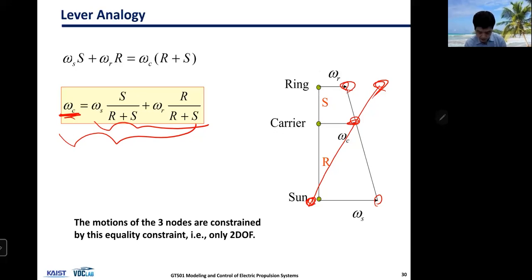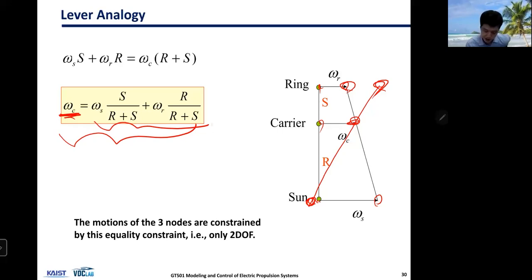So the lever, this PG, has three nodes, meaning that it can have three different speeds, and that means three degrees of freedom when it comes to equations of motion.